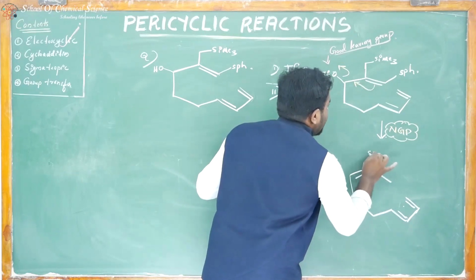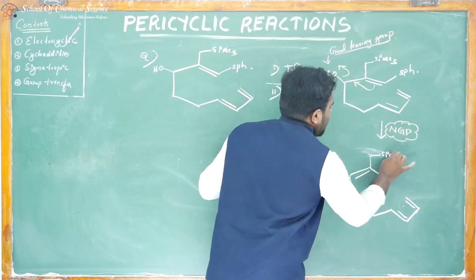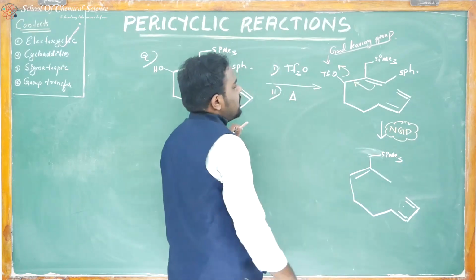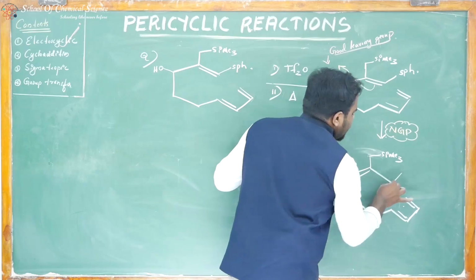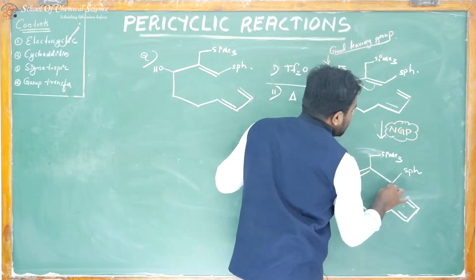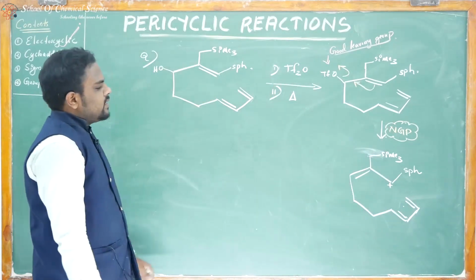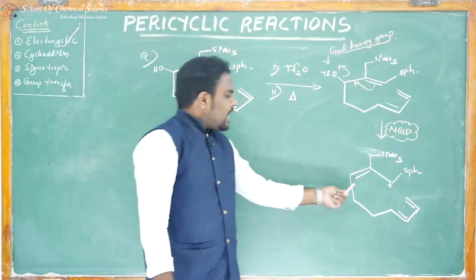Here an SiMe3 is present. Here an SPh is present. And a positive charge is developed here because that pi bond is shifted. So this is an allyl cation.